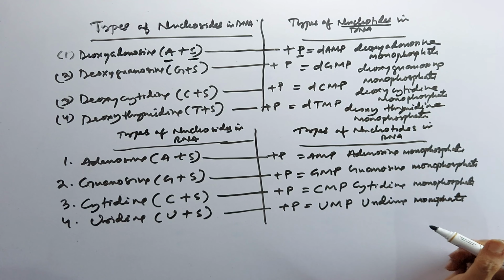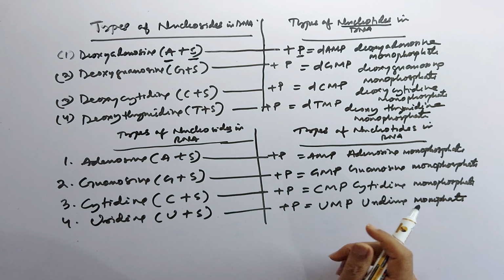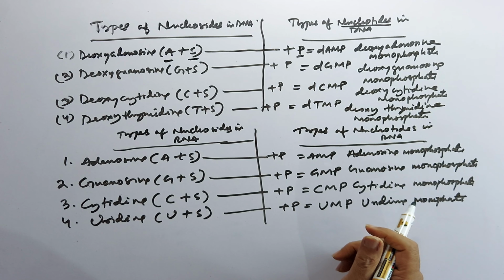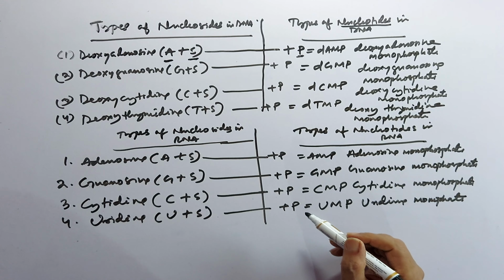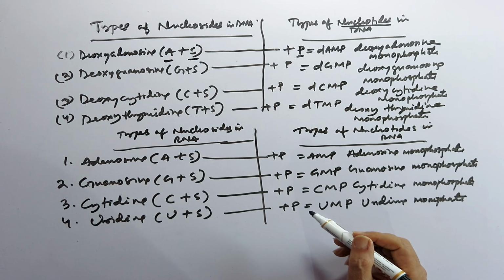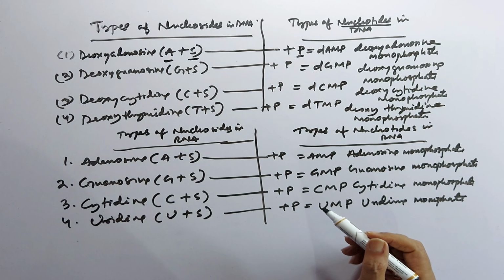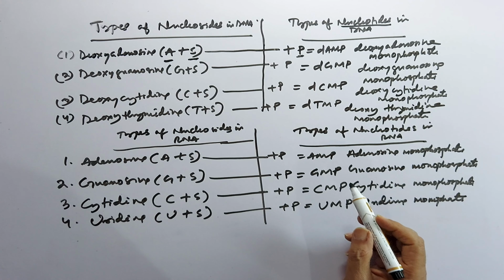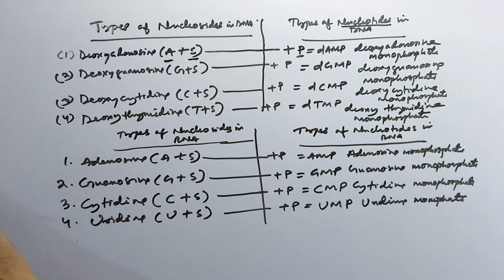We can also write adenylic, guanylic, cytidylic and uridylic acids. So this is all about the nucleosides and nucleotides in DNA and RNA.